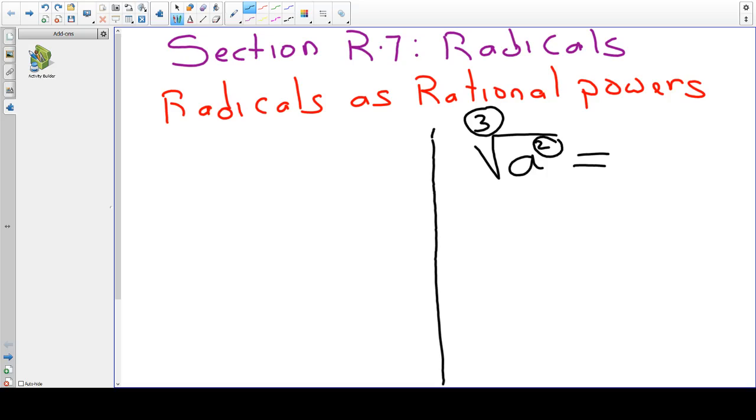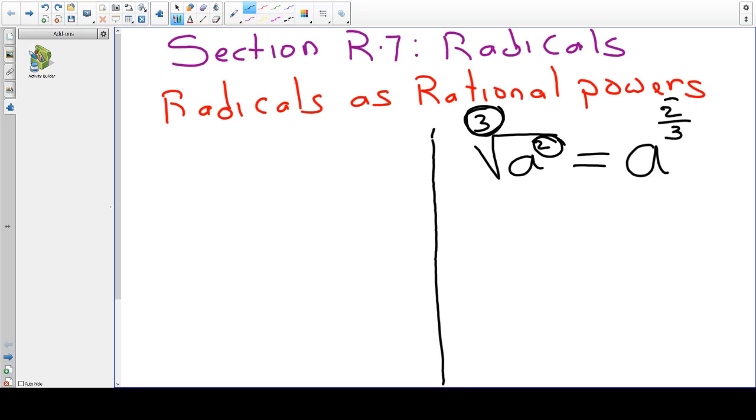Of course, in this case, we cannot simplify really because the power is smaller than the index. But what we're going to see now is we're going to use the fact that we used to write it as power divided by index to rewrite this as a rational power.